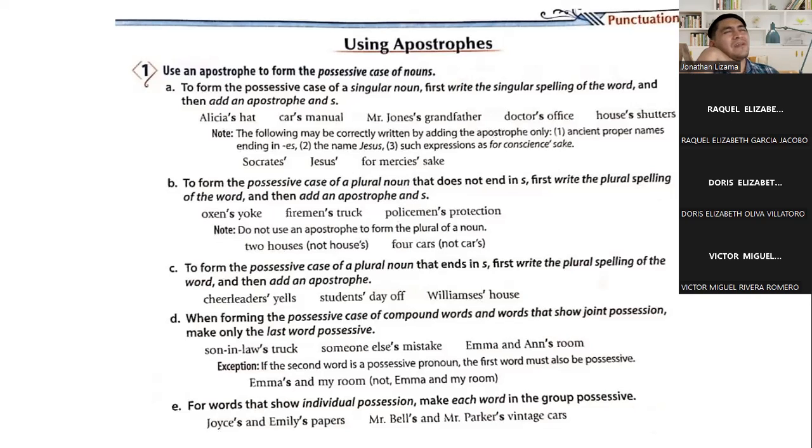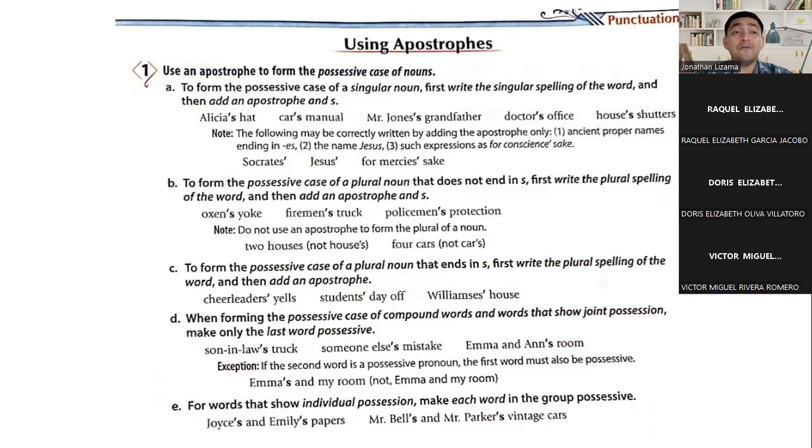Recuerde que para hacer plural un sustantivo, no necesariamente hay que agregarle una S. Puede cambiar, porque es un irregular, como en estos casos, que oxen son los bueyes. Entonces yo le agrego un apóstrofe y una S, no porque lo estoy pluralizando, sino porque lo estoy convirtiendo en adjetivo, estoy denotando posesión.